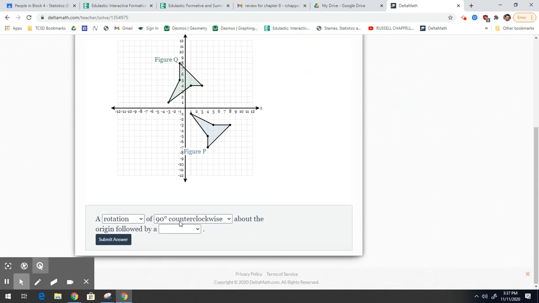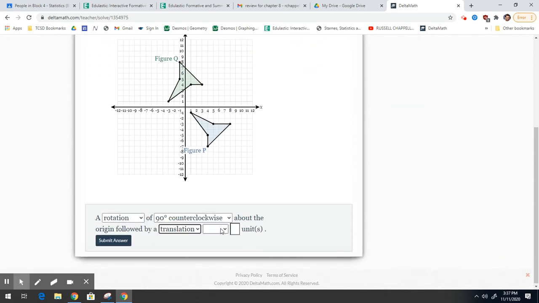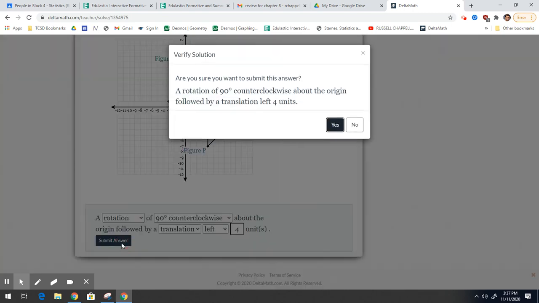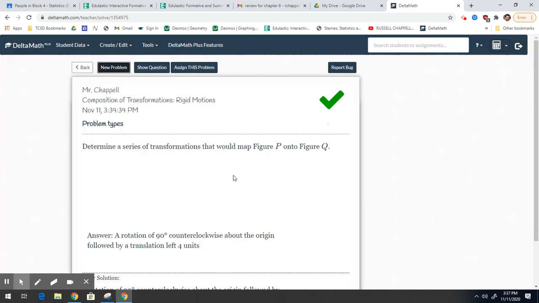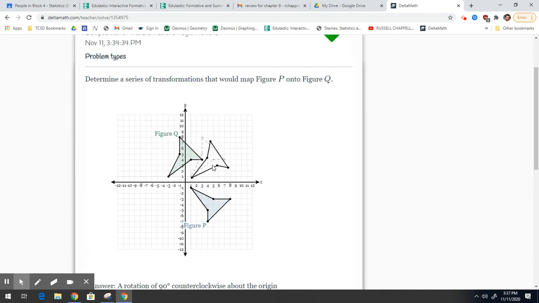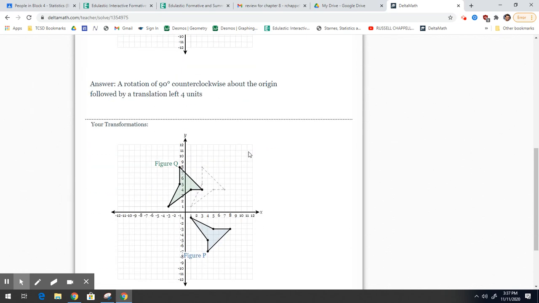So when I come down here, I will have to go translation left 4 units. I'll submit that answer. Okay, I'm hoping. Yes. So there's my rotation, and there's my translation to the left. And that's exactly the same thing I did. Again, if they did the translation first and then the rotation, it would just be fine and dandy.